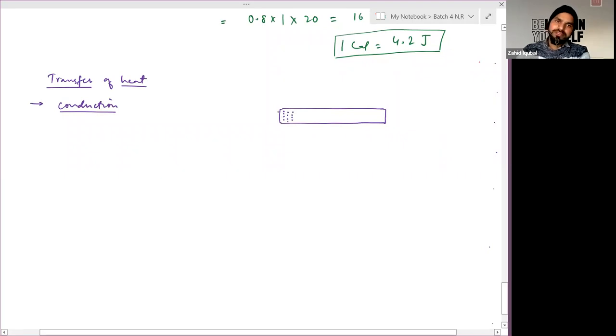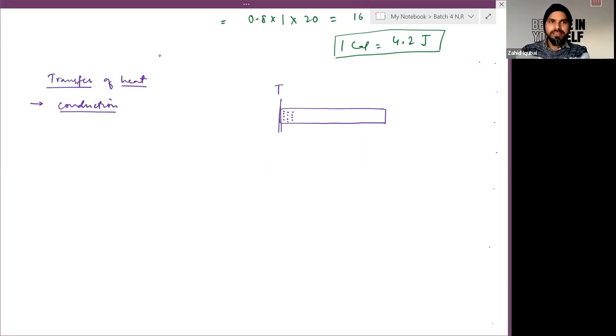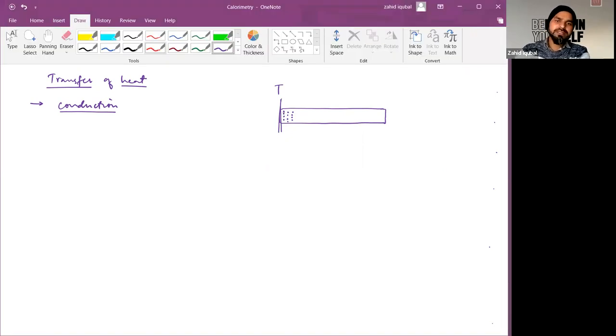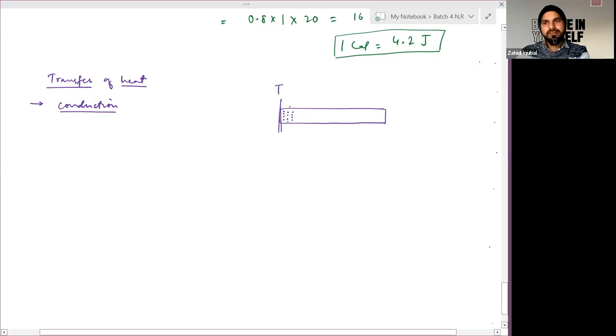Now, if you raise the temperature of this end, let's say the temperature of this end becomes T. On raising temperature, will there be any change in thermal kinetic energy of the particles attached to this end? You'll say yes. According to the relation, kinetic energy equals 3 by 2 kB T. If you increase the temperature, thermal kinetic energy of particles at that point increases.